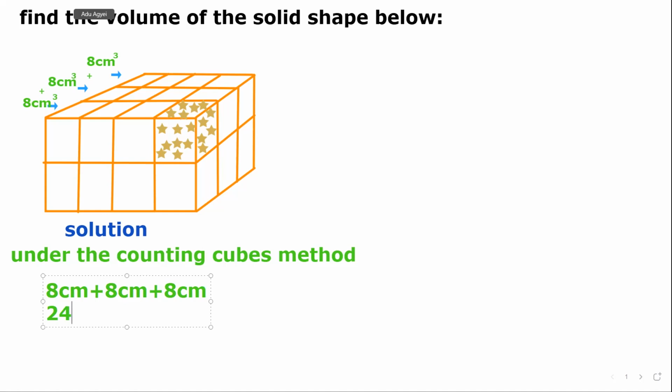So 24 centimeter cubes for all. It's 24 centimeter cubes here.